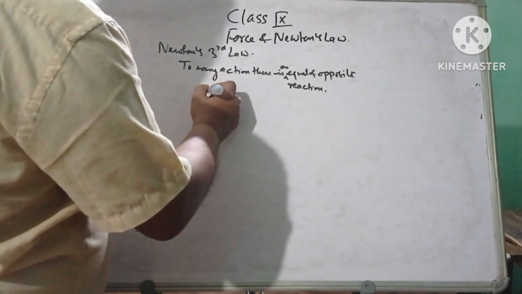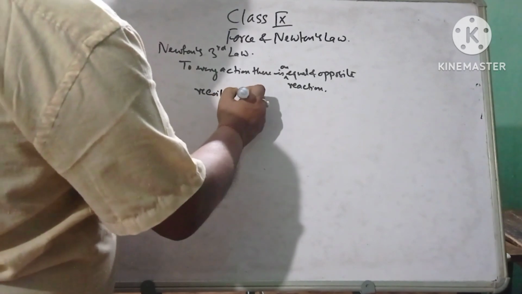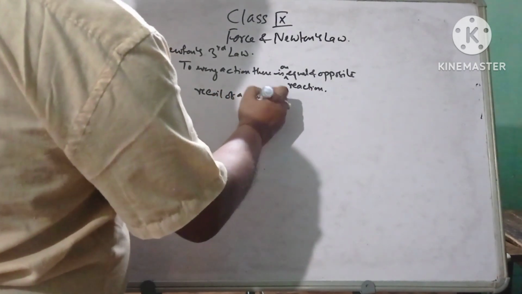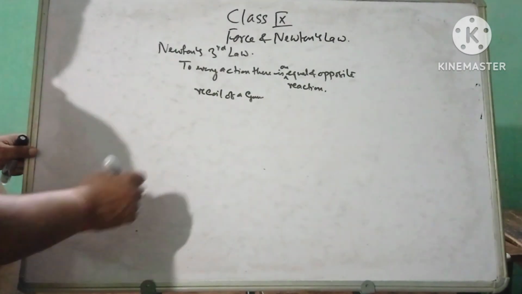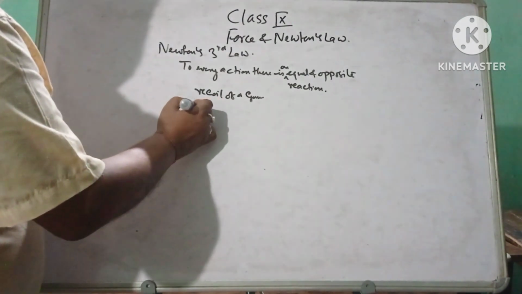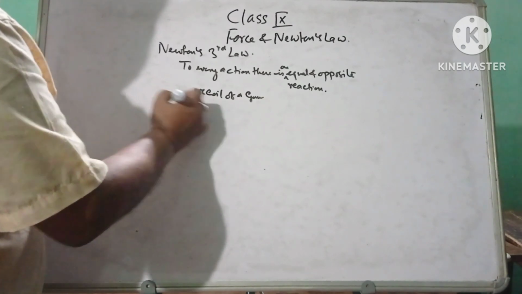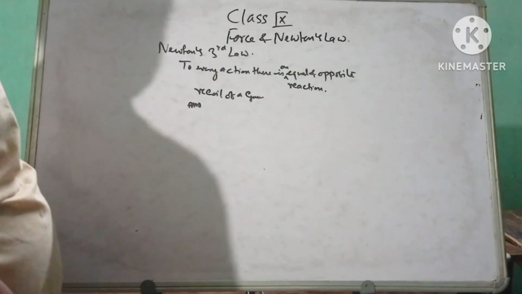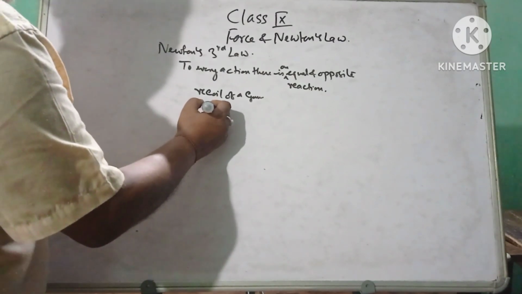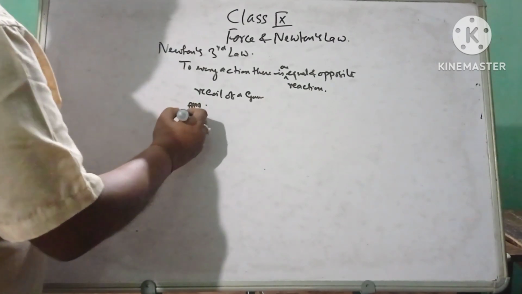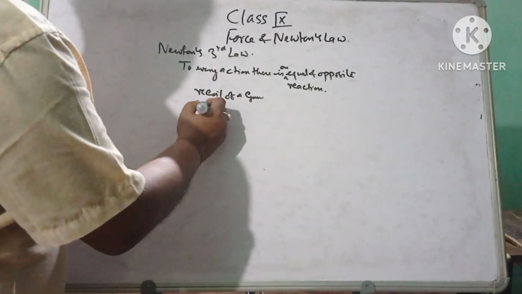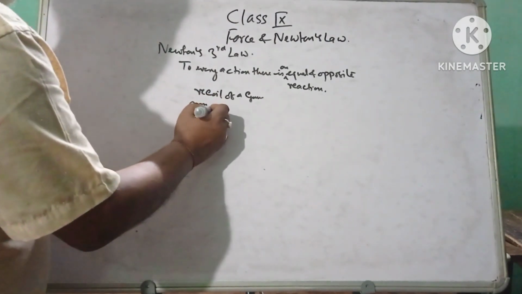Let us say the recoil of a gun. What happens in the recoil of a gun? The coil, that is the spring present in the gun, is first compressed.